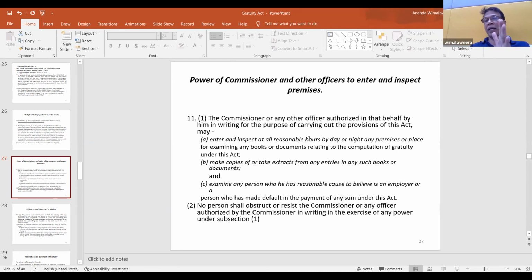The power has been vested with the labor officers, assistant commissioners, deputy commissioners, commissioners, and additional Commissioner Generals by the Commissioner General, who has the power, and he has delegated only for these categories. They can enter any workplace and obtain the required documents. None other than that.